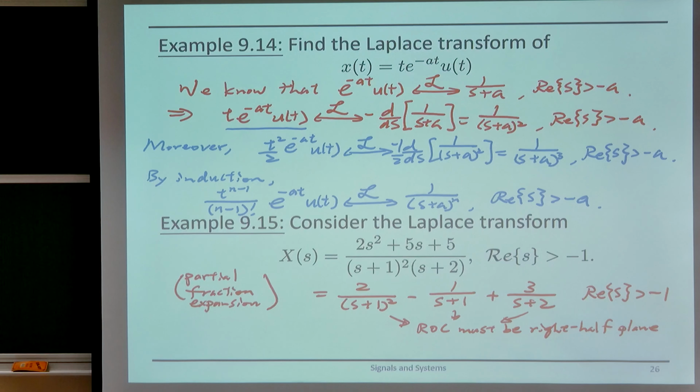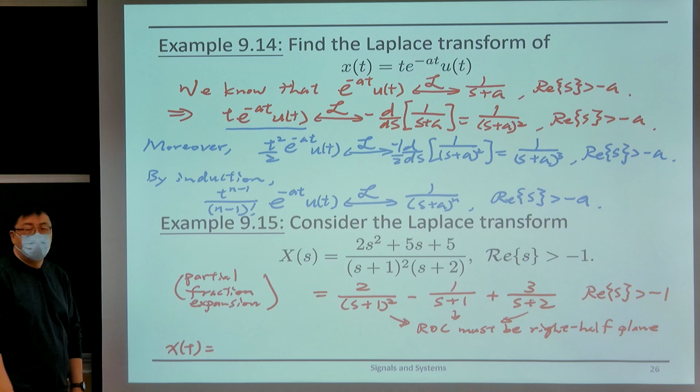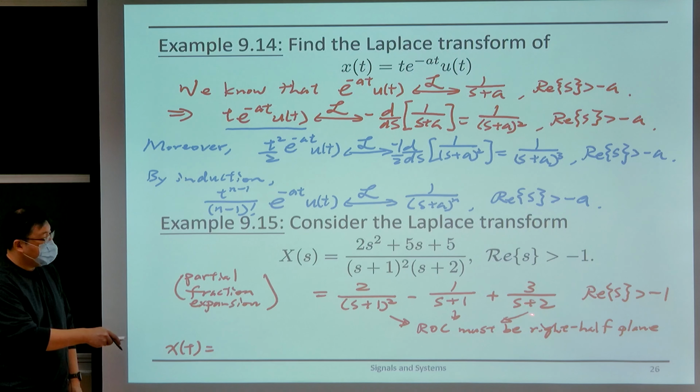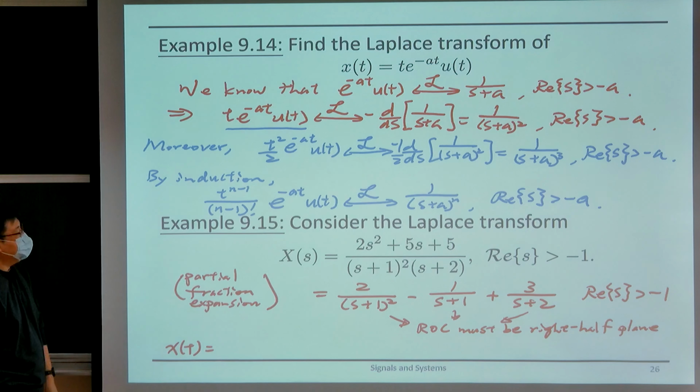So when you know that each one of these has an ROC that is the right half plane, then you know immediately what their time domain signal is. Okay? So for both of these, it's straightforward. Following example 9.1, for both of these, you have this decaying exponential to the right.